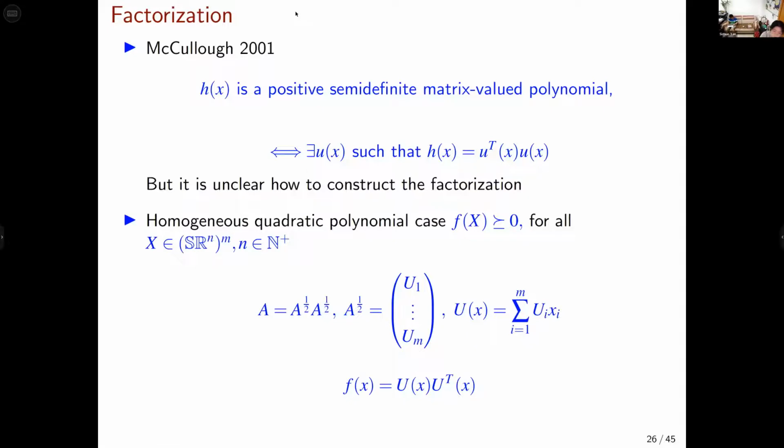Then we can define the polynomial U(x) by the square root of A, and then f equals U transpose U times U transpose. This is how we construct the factorization of the homogeneous quadratic polynomial f.